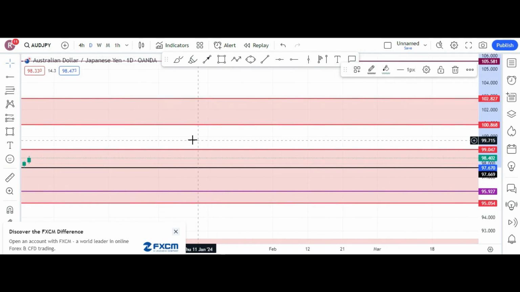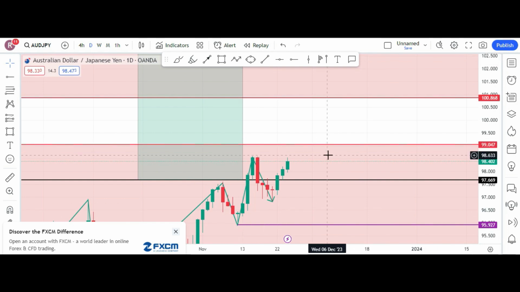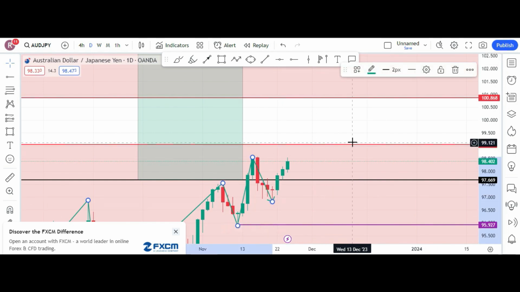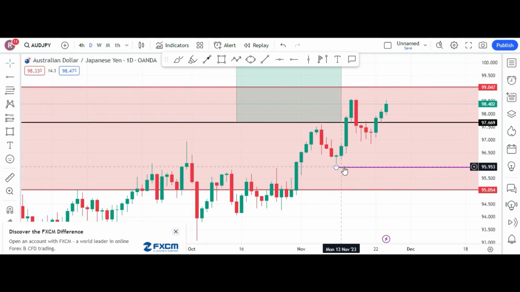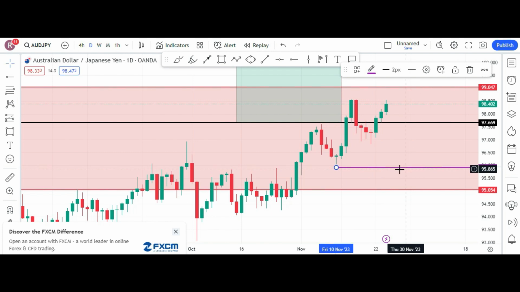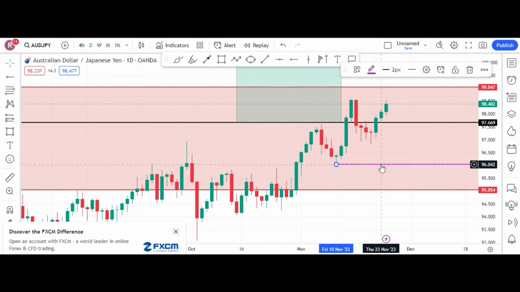So we are right now here, and how to take a trade here, that is the question. My way of thinking is simple. What made the price come back from here to here and push it back? So these are the issues.